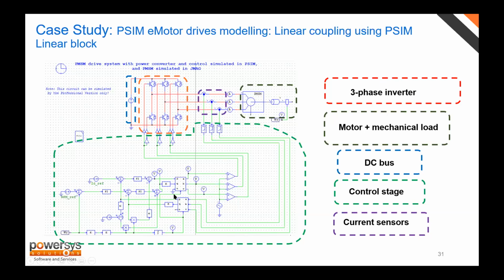We will then feed the ABC to DQ transformation block with the current, and we will have a current reference and speed reference. Then by using some PI compensators, we will make the control mainly with these PIs, but we will also use the DQ to ABC transformation in order to generate the PWM, to get the modulating signal, and we will compare it with the carrier waveform.